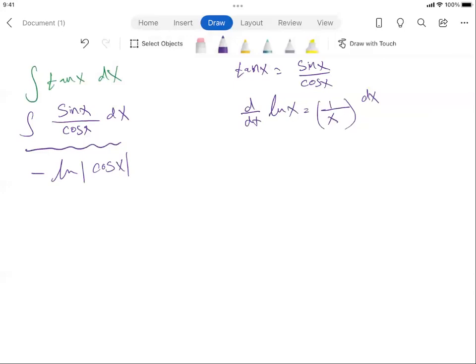But we know from properties of natural log, if I have -1 here, then this will become an exponent to the argument. Then it will become natural log of 1 over absolute value of cosine of x. But 1 over cosine of x is simply secant.